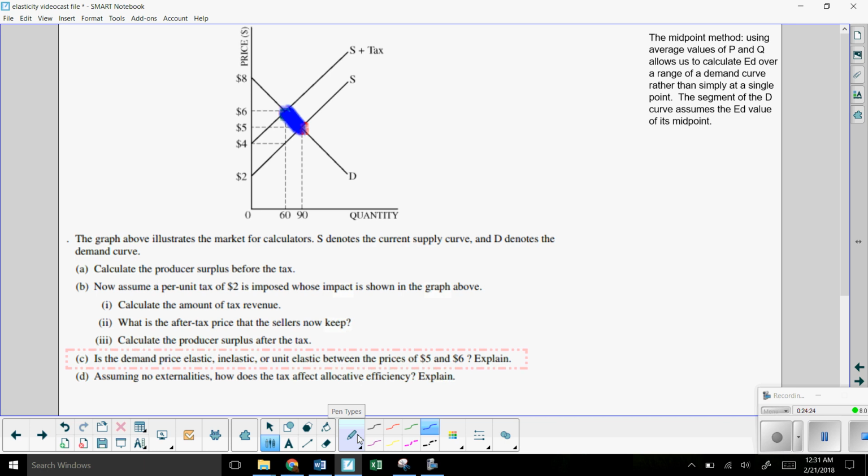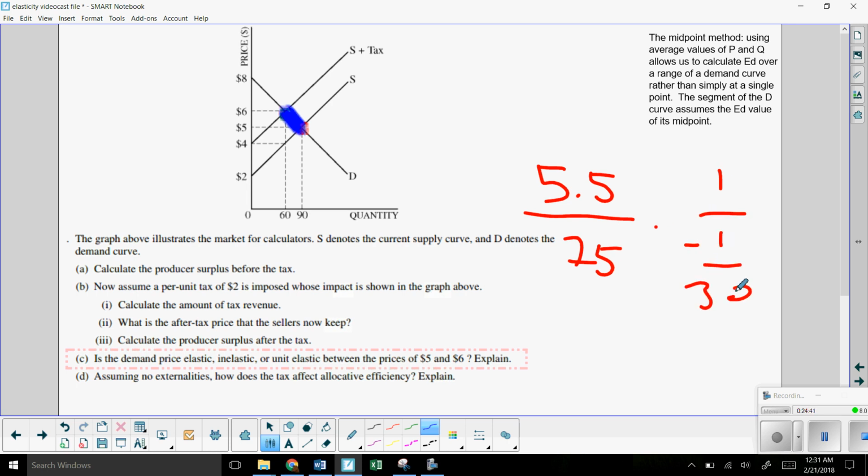So here's the math that would be maybe the very best way of doing that. We could think about what if the price were 5.5, that's the middle, and what if the quantity were 75? We multiply that by 1 over negative 1/30th. So really, if we do that, we're going to get 165 over 75. Sorry, that's still negative, I suppose.